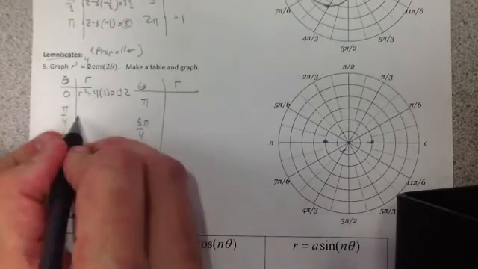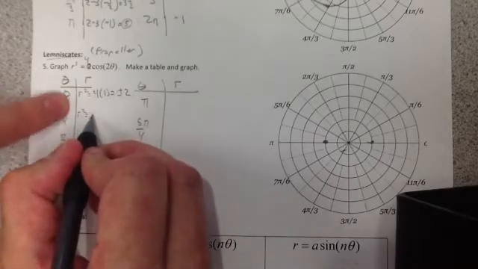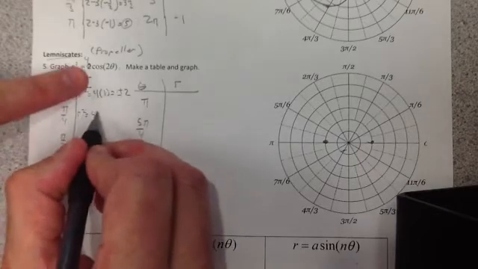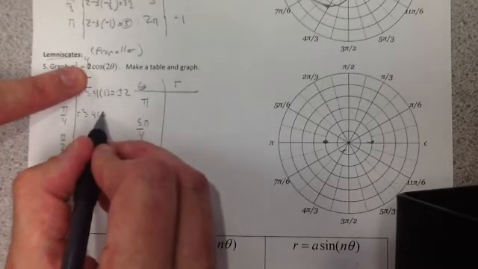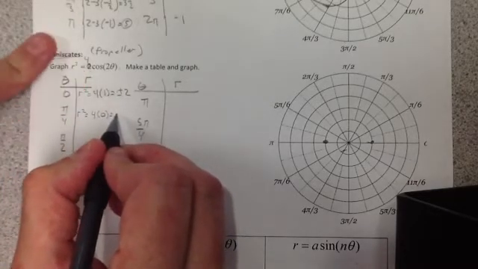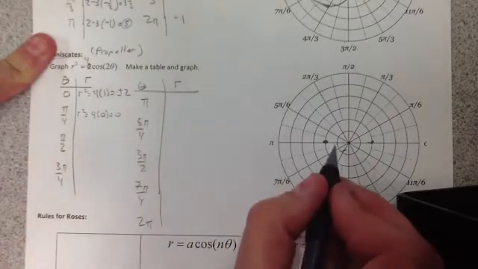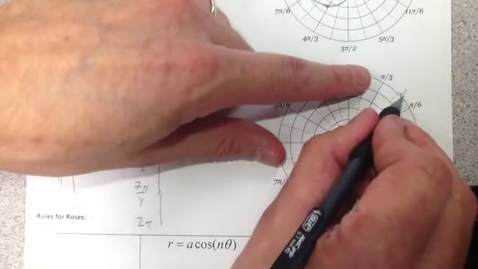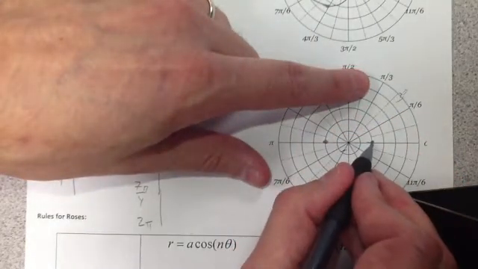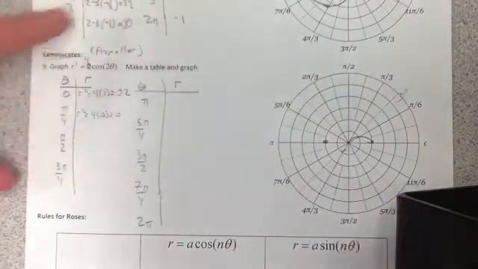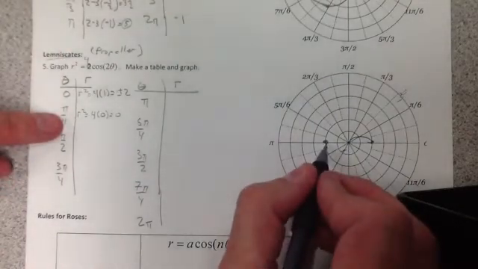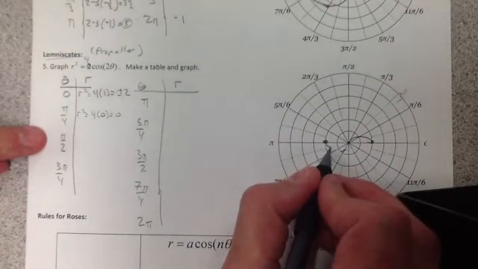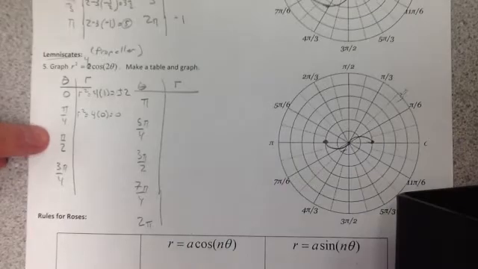Plug in pi over 4. R squared equals 4 times the cosine of pi over 2, which is 0. Which becomes, of course, 0. So at pi over 4, I'm back at 0. It's going to go to 0 right here, but also it's plus or minus 0, so this also goes to 0 as well.